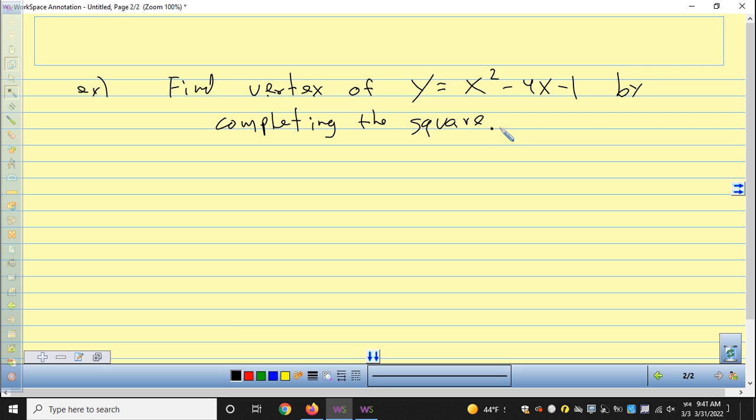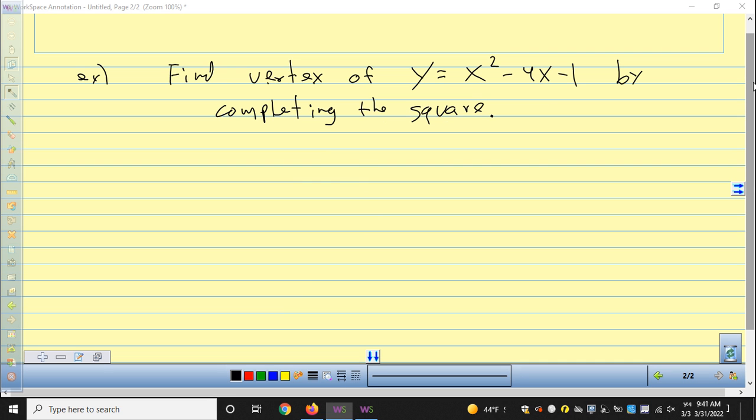Very close. Negative b over 2a. We found negative b over 2a, that's the x-coordinate of the vertex. And then we plug that back into our function to figure out the y-coordinate of the vertex. So we have another way of finding the vertex. Completing the square is a second way.